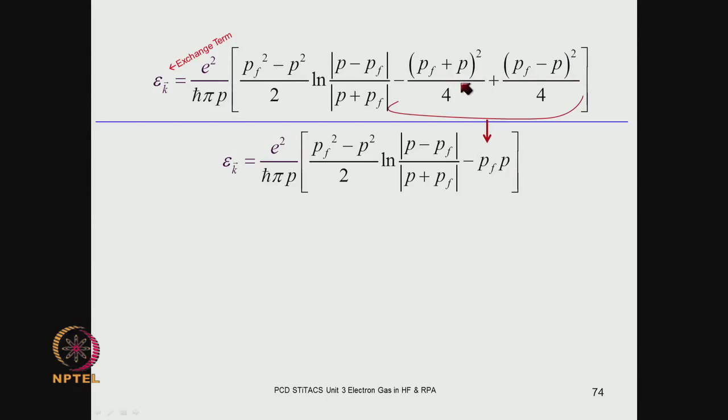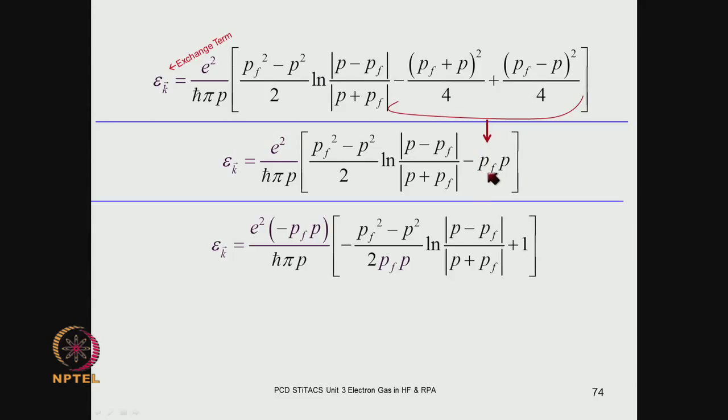You get minus twice p into pf, and from both of these terms, so you get minus 4 into p into pf, which you divide by 4, so you get p into pf, and the other terms will cancel each other because there is a minus sign here and a plus sign here. So, the only thing that is left from the last two terms is this minus pf into p. Okay. So, this is a little bit of further simplification.